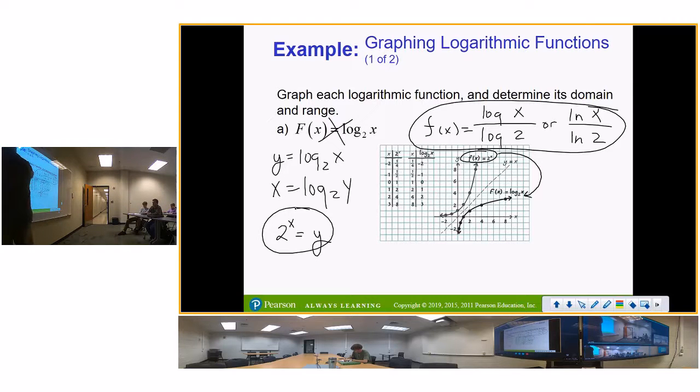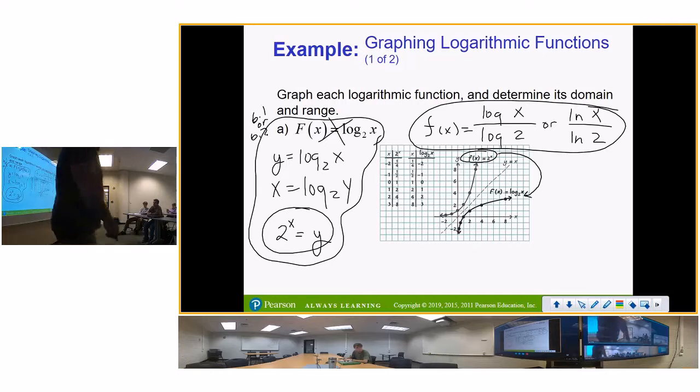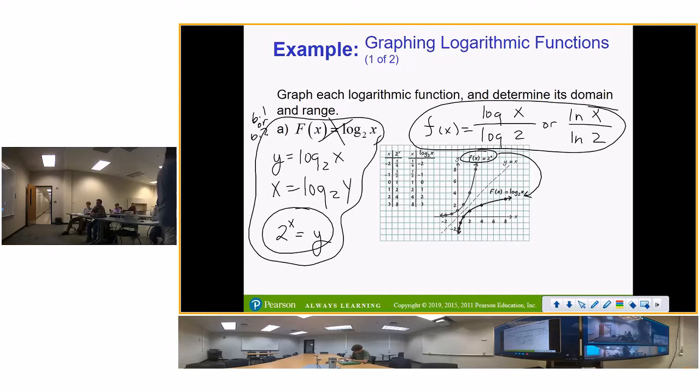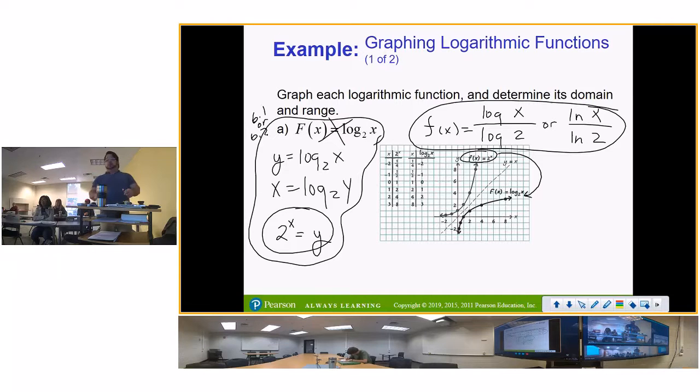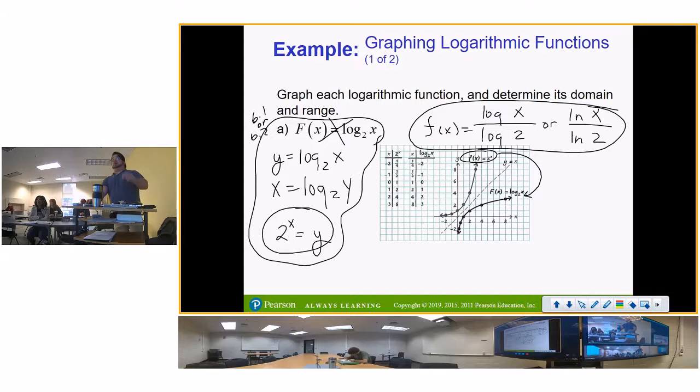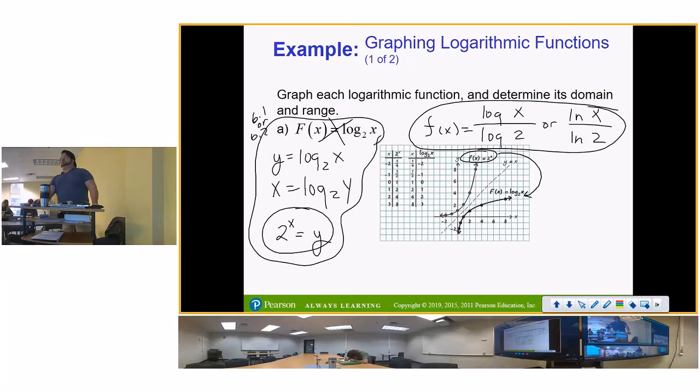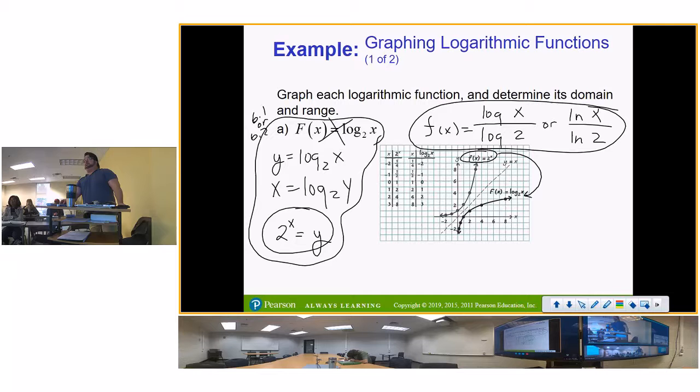This you should be able to do. That's 6.1 or 6.2 I showed you how to do. Okay? So make sure you can graph that one and make sure you can algebraically generate the inverse. Comprende?